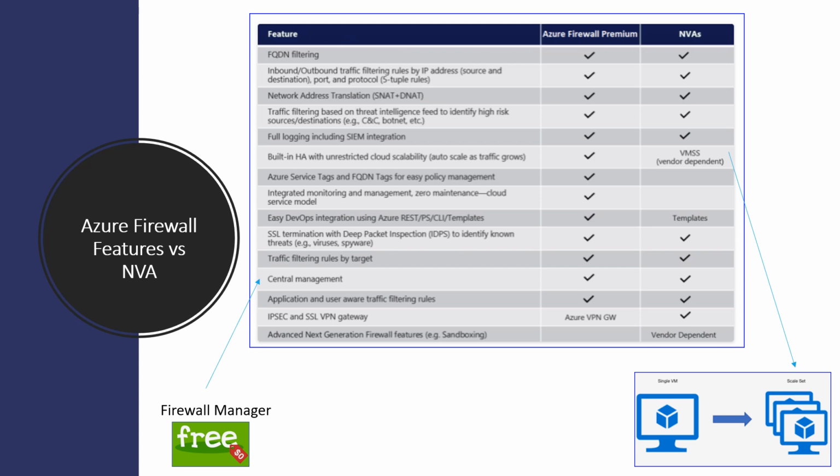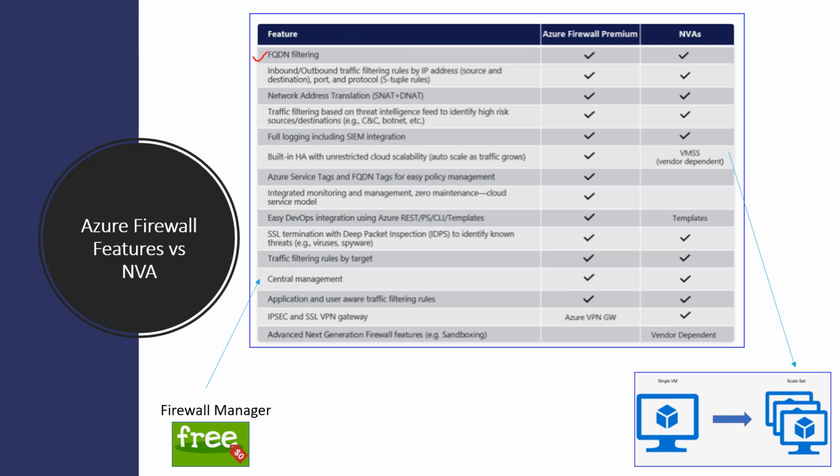If I go for the first one, which is FQDN filtering, FQDN filtering means if you know the FQDN and you want to block that particular traffic, for example, if you want to block Facebook from your network, you can go for this kind of filtering.